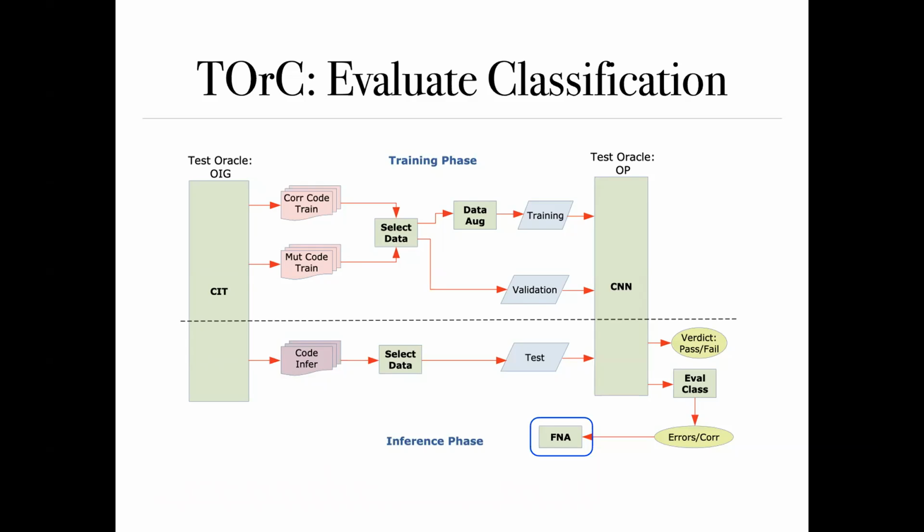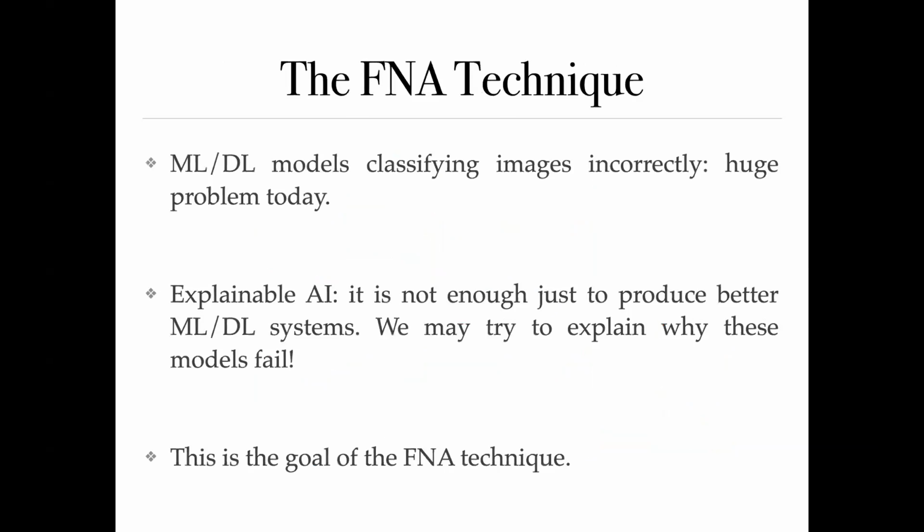This is precisely the motivation to develop the FNA technique. ML/DL models classifying images incorrectly is a huge problem today. There are several examples in the literature and in the media showing problems with autonomous cars and applications that incorrectly classify people. This can cause problems for certain social groups.